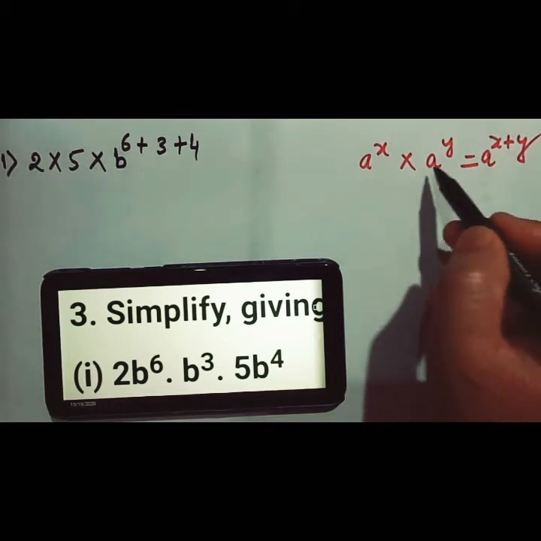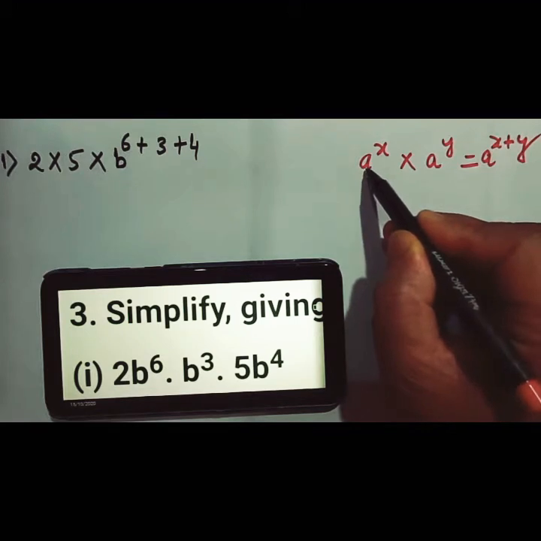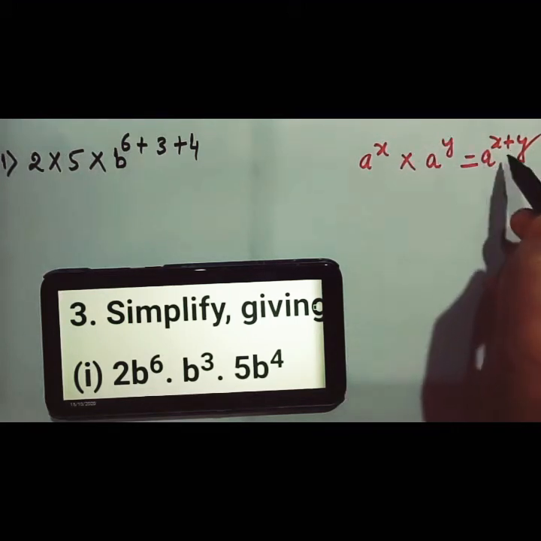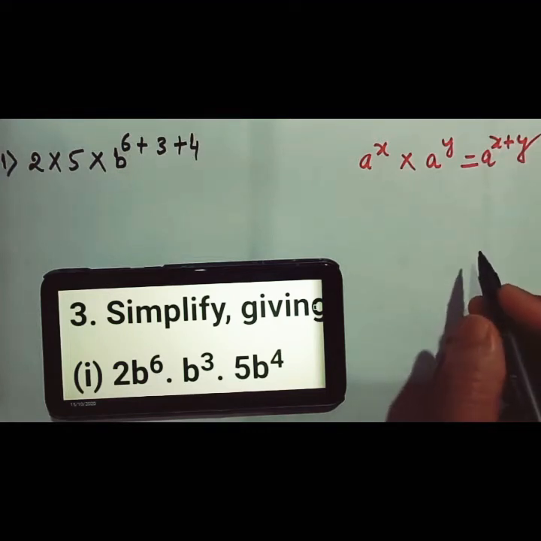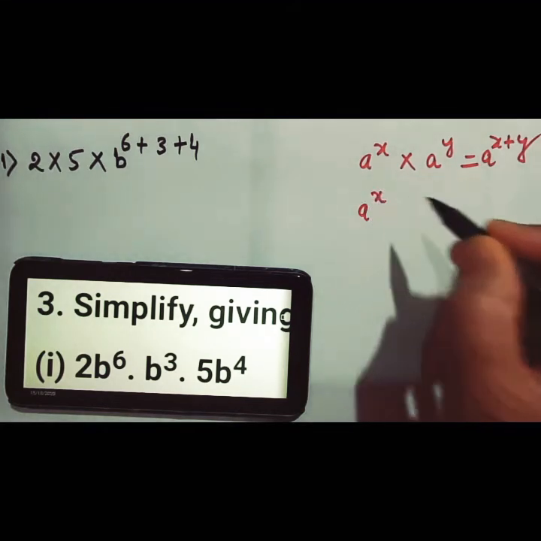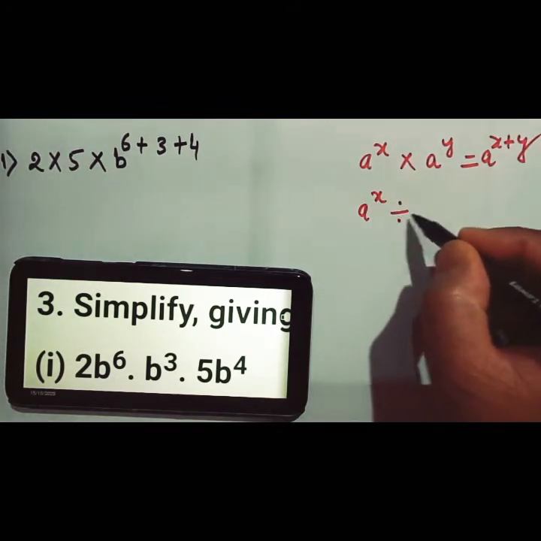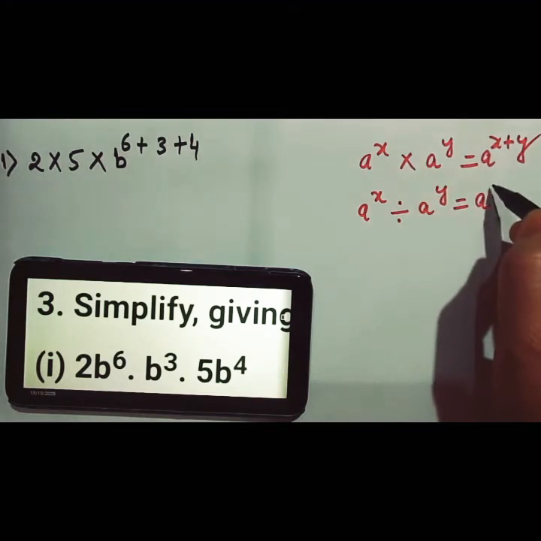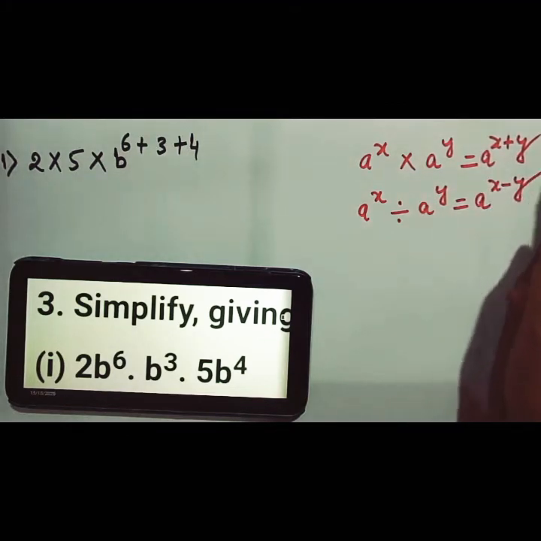This means if the base is the same and both are in multiplication form, the powers get added. Similarly, a to the power x divided by a to the power y gives you a to the power x minus y.